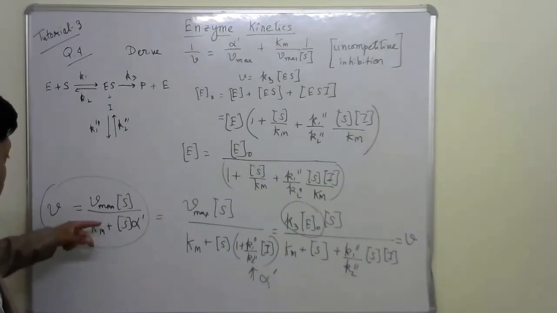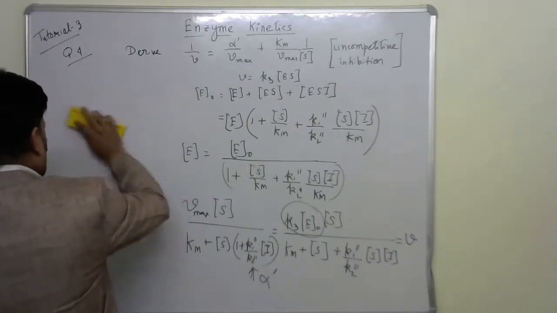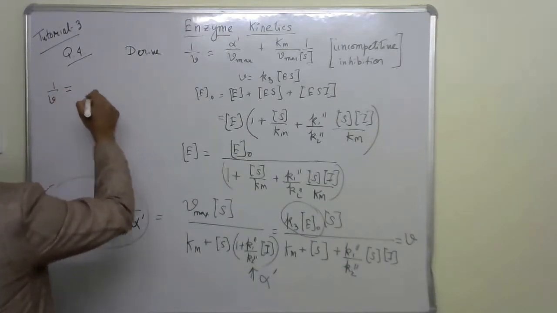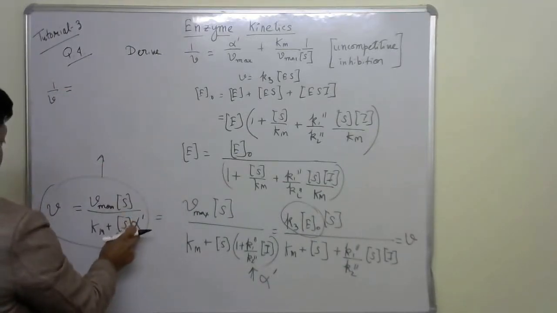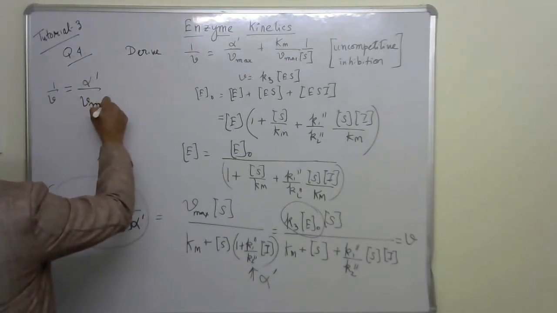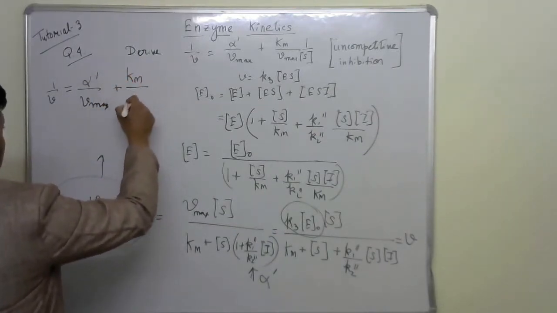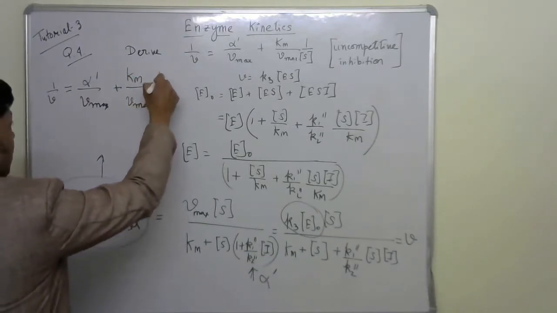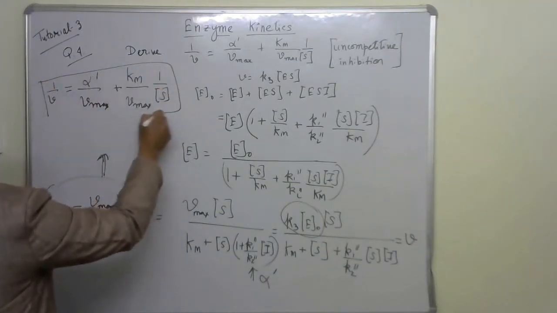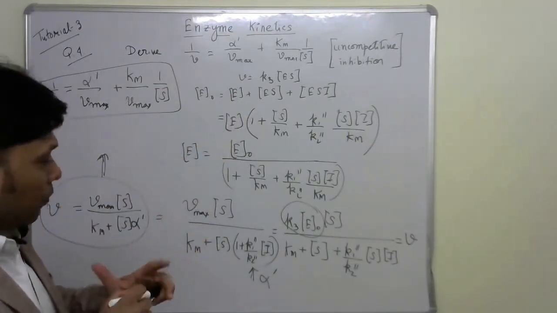Okay, so now we have to take the double reciprocal plot. So if we take the double reciprocal plot here, what we get is 1 over V is equal to, first S cancels out, so alpha prime divided by V max, alright, plus we get Km divided by Vmax multiplied by 1 over S. So this is the Lineweaver-Burke form of uncompetitive inhibition, and we have derived and proved this way.